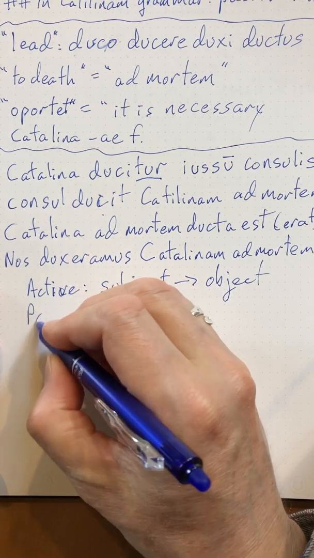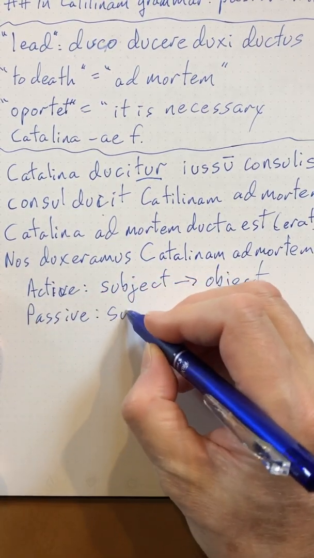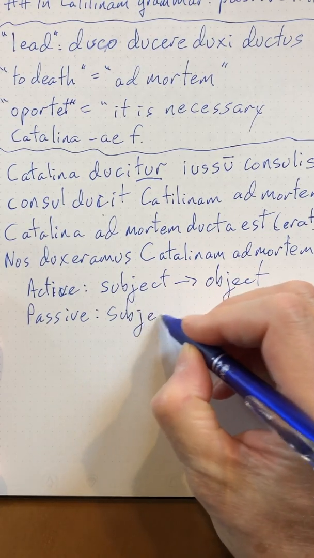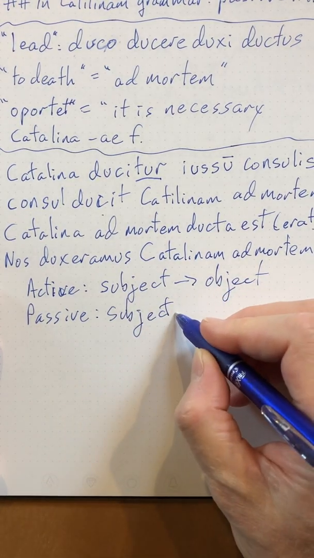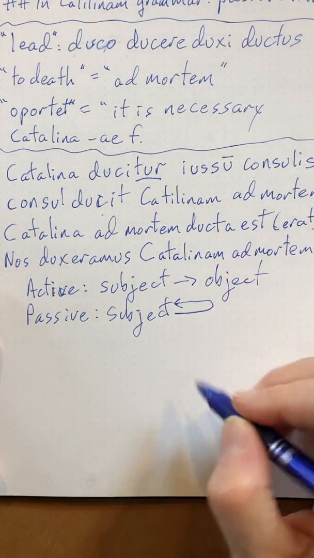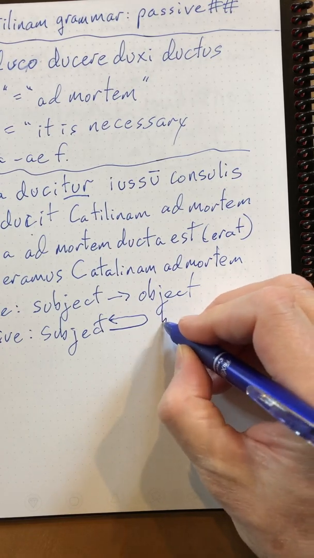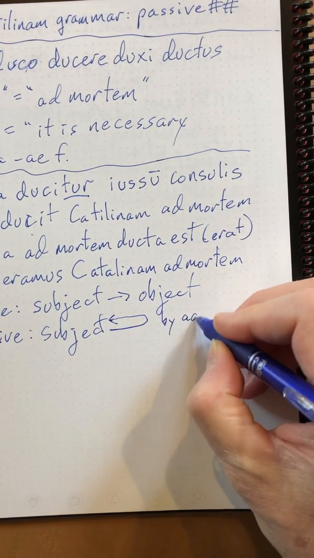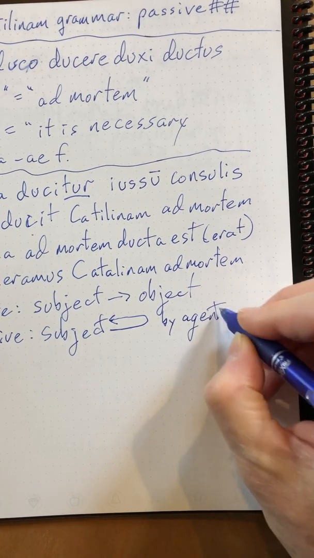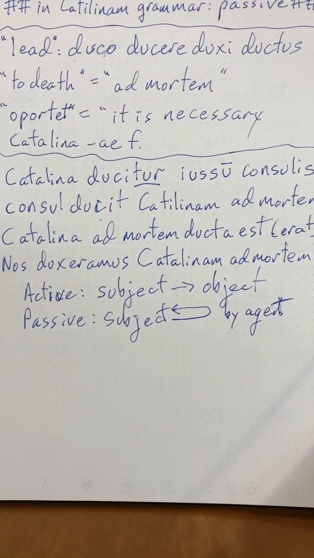In the passive, the subject kind of gets a boomerang effect, is acted upon by an agent. And in Latin, that goes into the ablative. So I think that wraps up the passive. Any questions, just let me know.